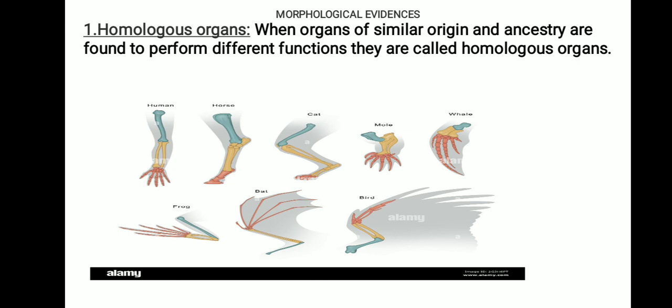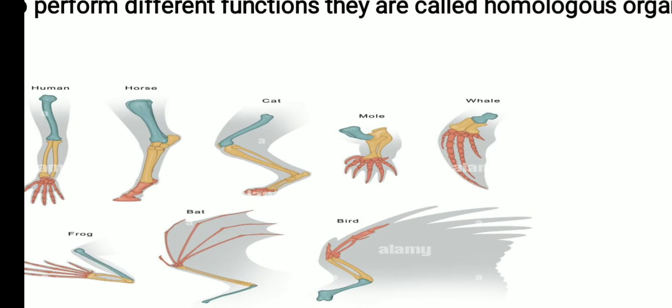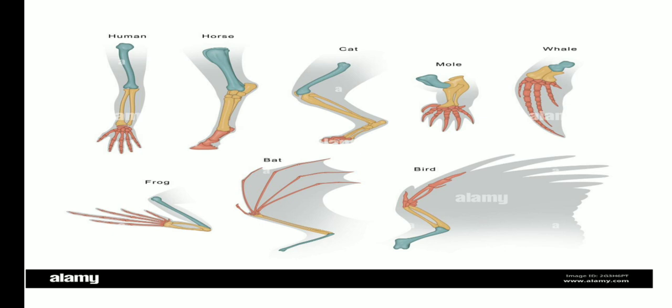The first one is homologous organ. When organs of similar origin and ancestry are found to perform different functions, they are called homologous organs. In this picture, you can see the forearm of many organisms, including human, horse, cat, moles, whale, frog, bat, bird.